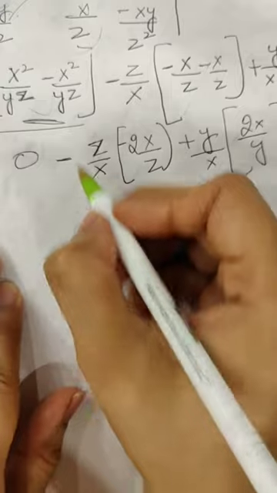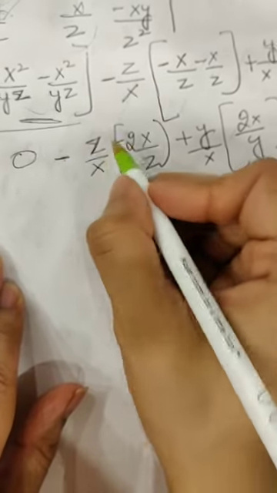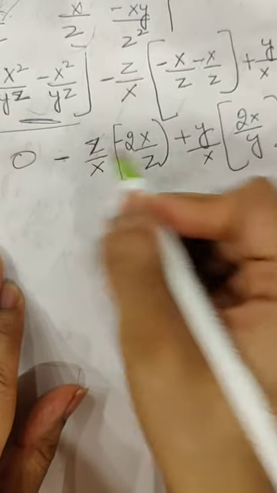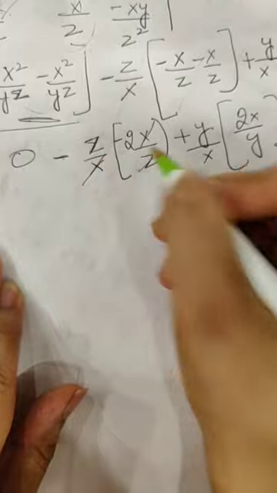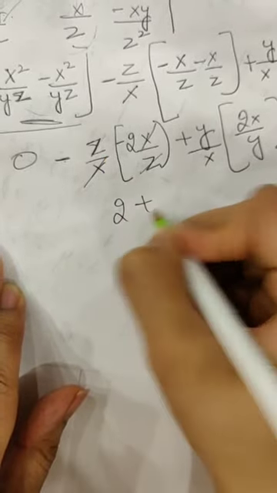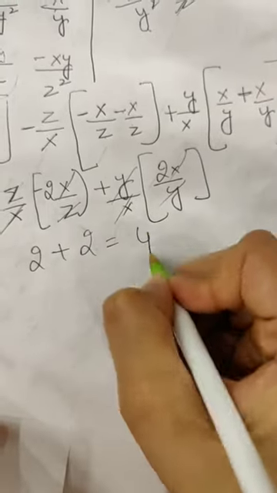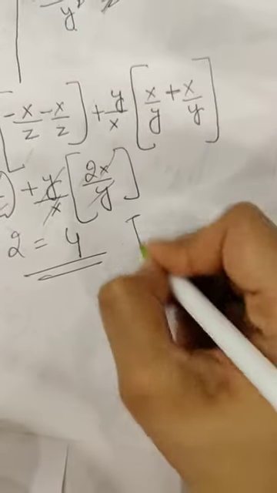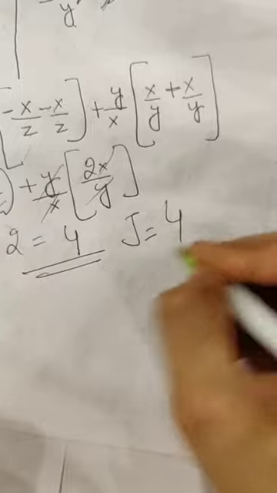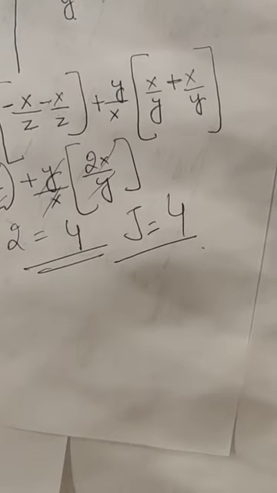When we open this out, minus gets cancelled, z gets cancelled, x gets cancelled, so this would be 2, plus y gets cancelled, x gets cancelled, 2, so 4. So the answer is 4. The Jacobian for this equation would be 4.